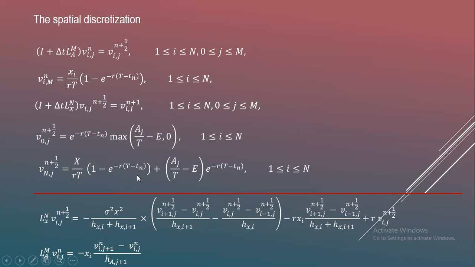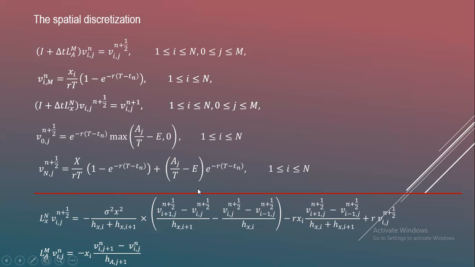And those are the boundary conditions. And here the Lx of the option price at time level n plus half is split in the finite forward difference formula. And similarly for the La operator, we also use the finite difference formula here.